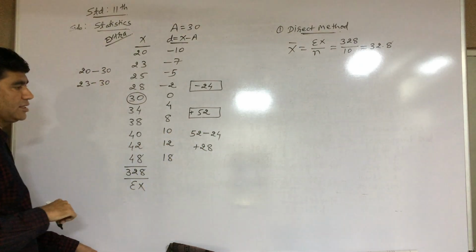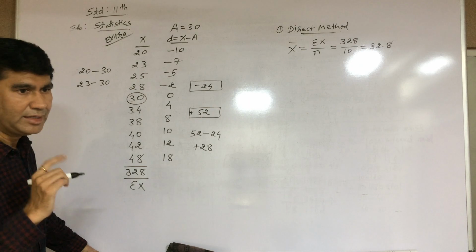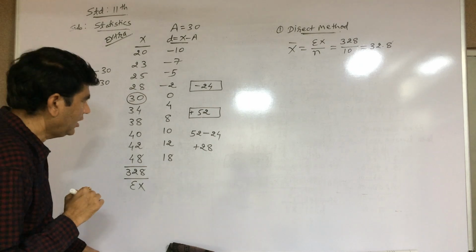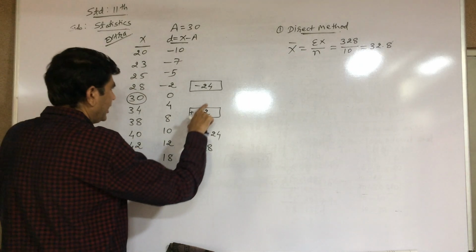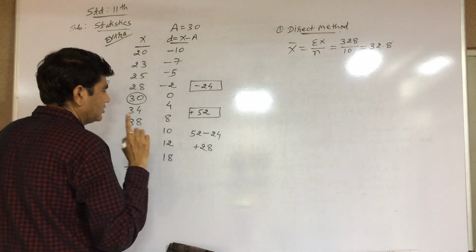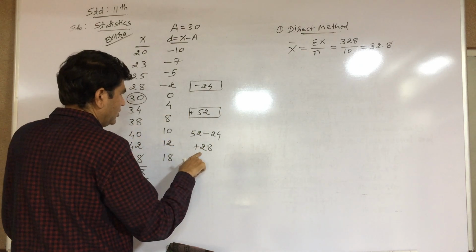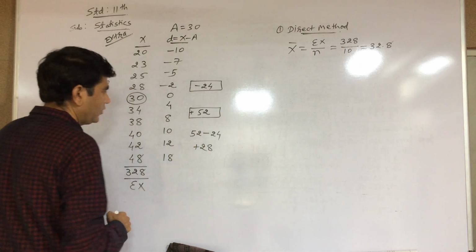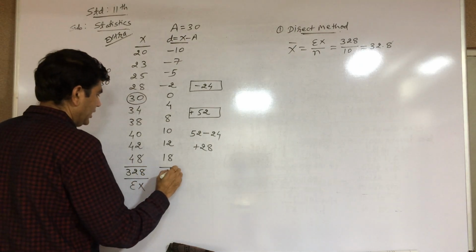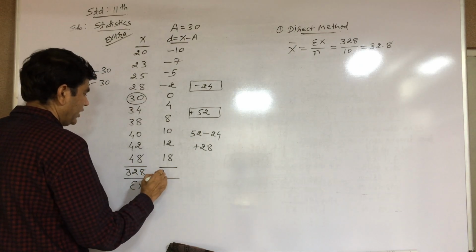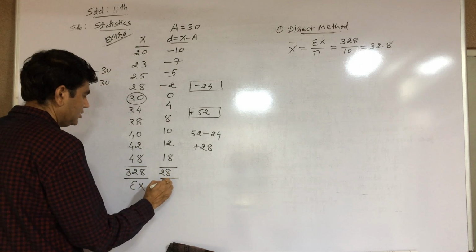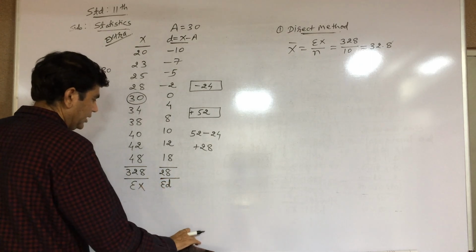So total calculation is plus 28. I repeat, higher value minus lower value and sign of higher value. So 52 minus 24, 28 and plus 28. This is our sigma D.